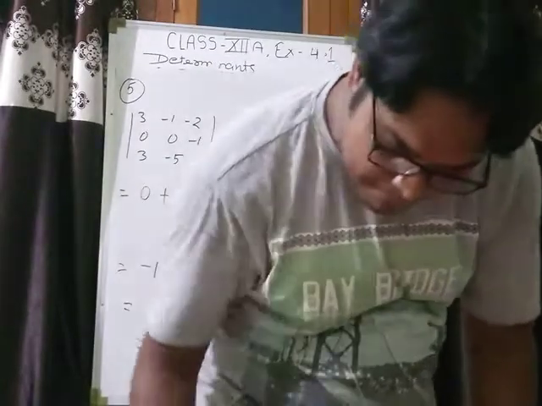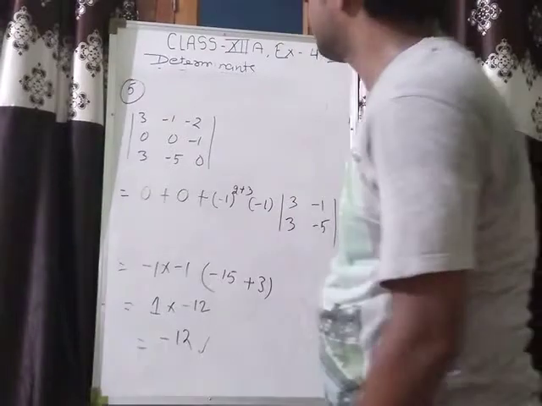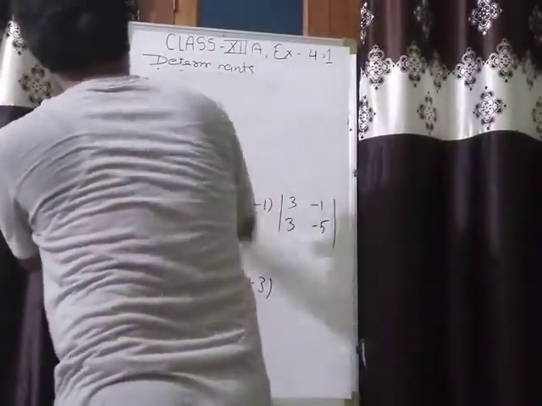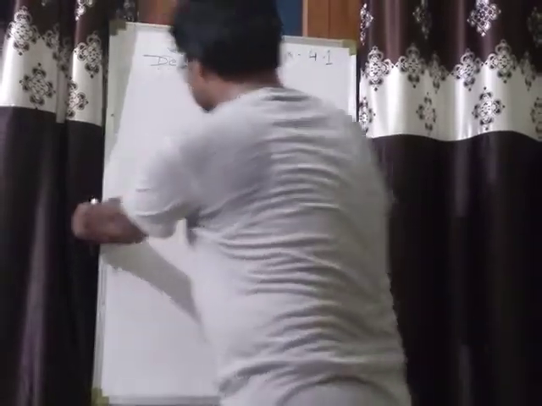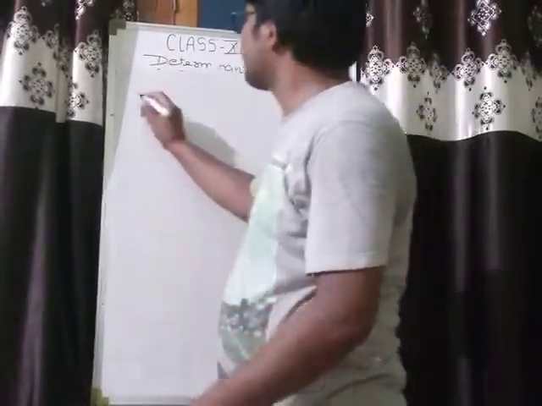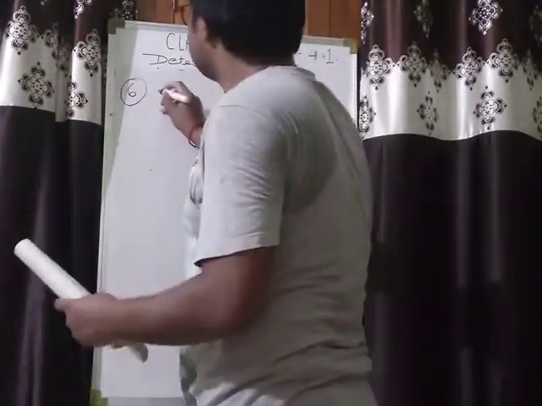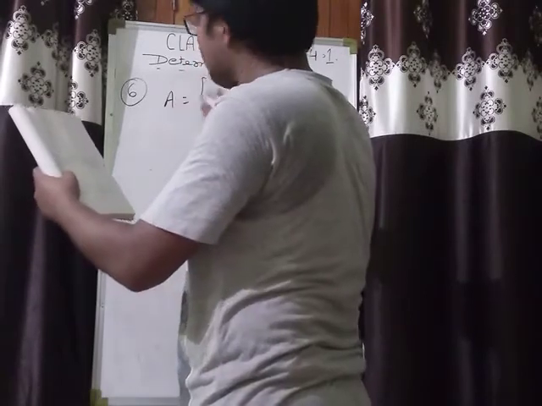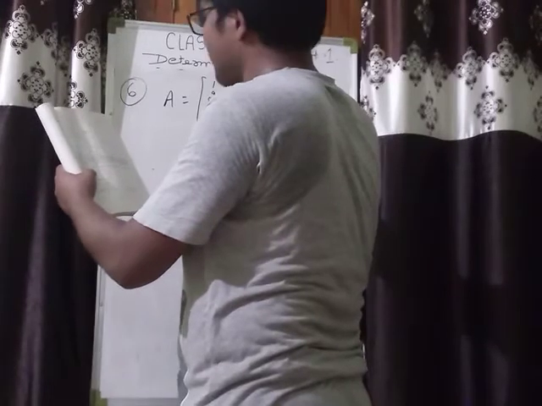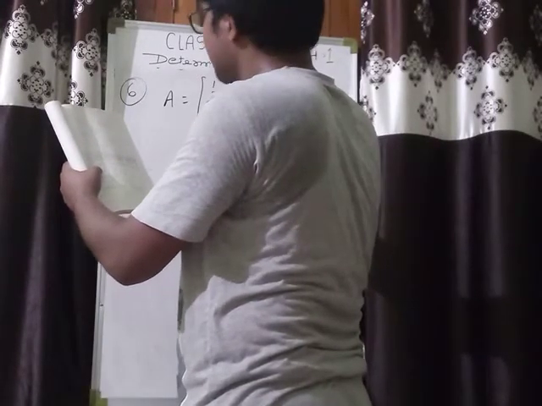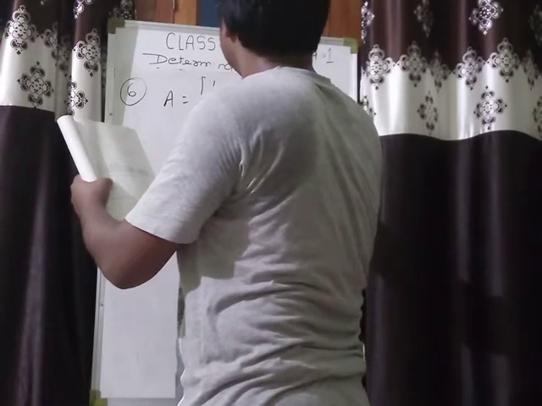Now question number 6. Find out determinant of A, where A is given, that is 1, 1, -2, 2, 1, -3, 5, 4, -9.